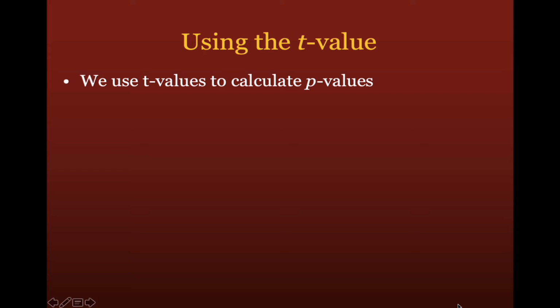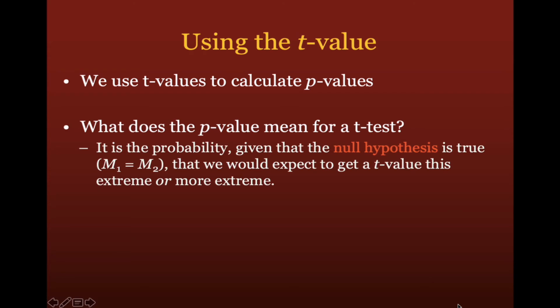Now, when using a t-test, we have to calculate p-values, the probability of getting any particular t ratio if the null is true. So what does a p-value mean for a t-test? It's the probability of getting a particular t-value if the null is true.